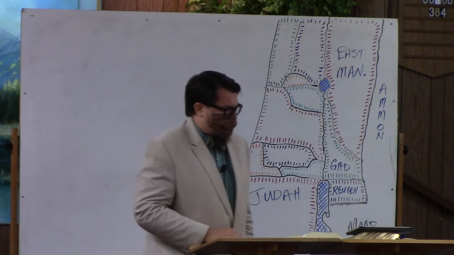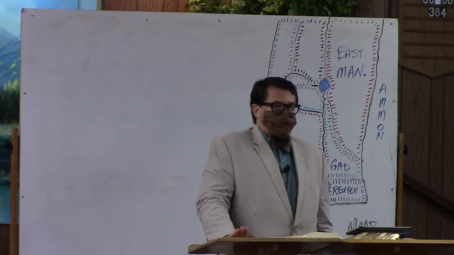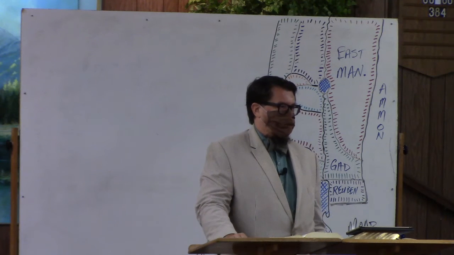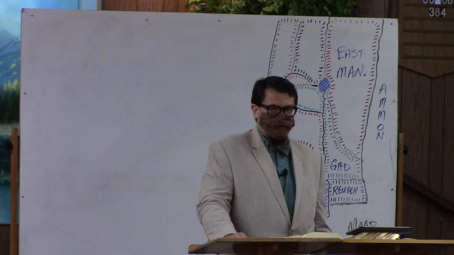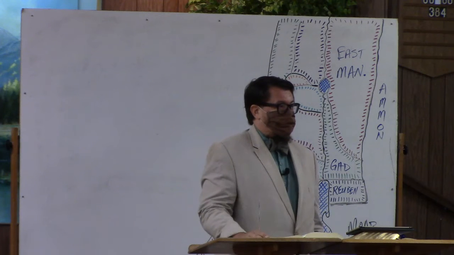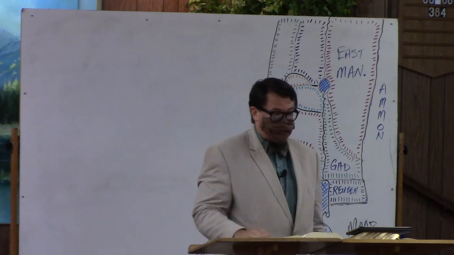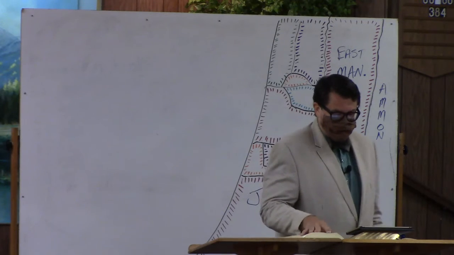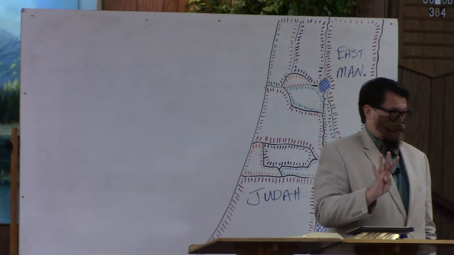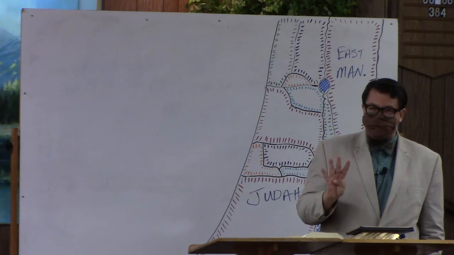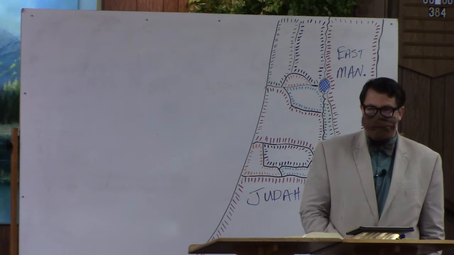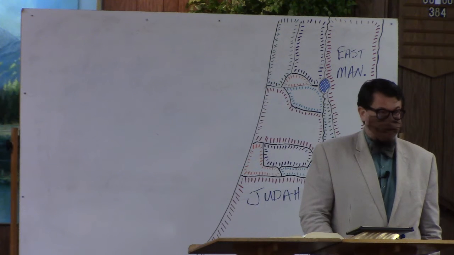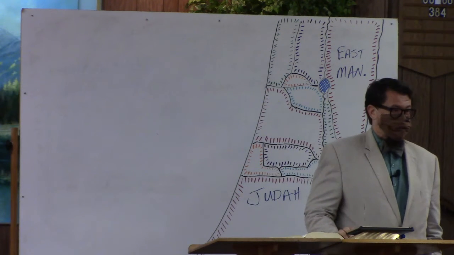Let's get into some real brownie point stuff here. Who remembers, where does Judah fit in the birth order of Jacob's 12 sons? Rena? He's number 4. There we go. Rena's got the brownie points this morning. Judah was number 4. Now, how does Judah end up being most prominent if he is not the firstborn son, but is in fact the fourth-born son of Jacob?